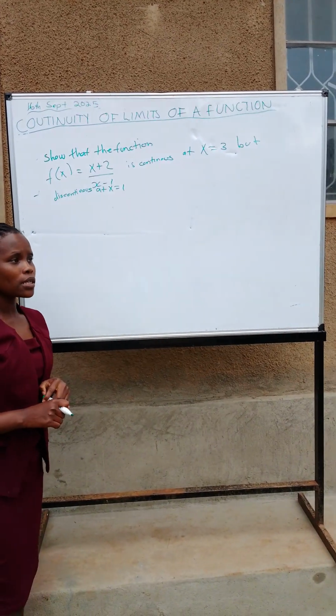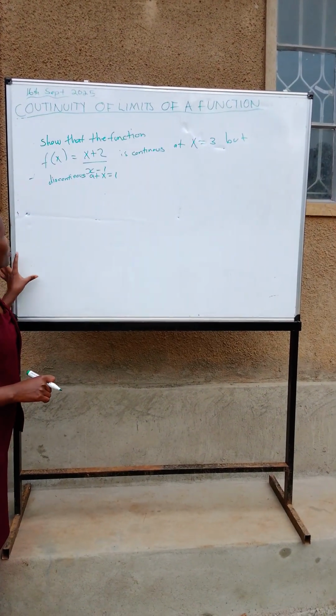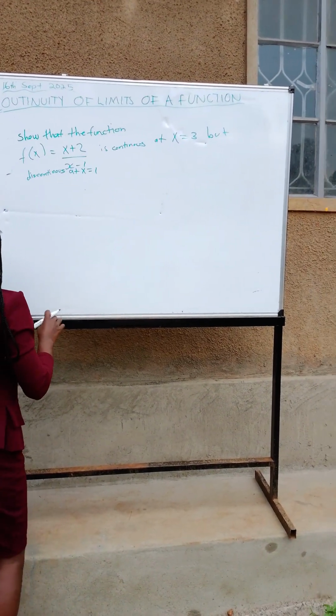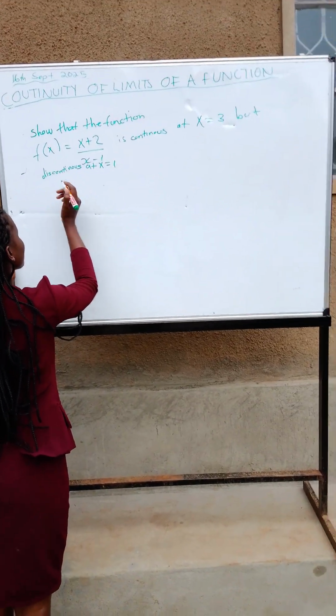For a function to be continuous at a certain point, the functional value must be equal to the limit of that function. So we are going to first calculate the limit of this function.